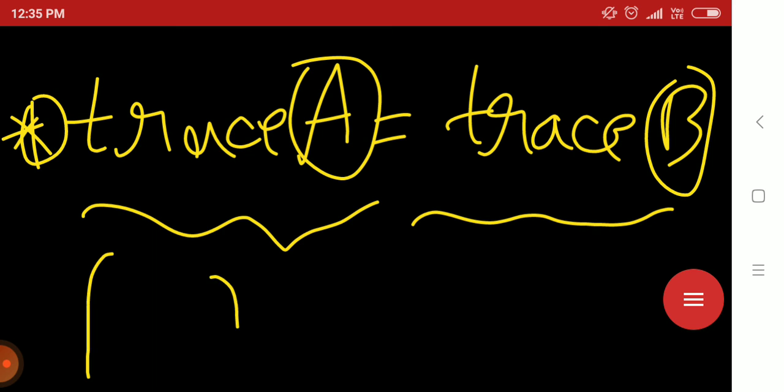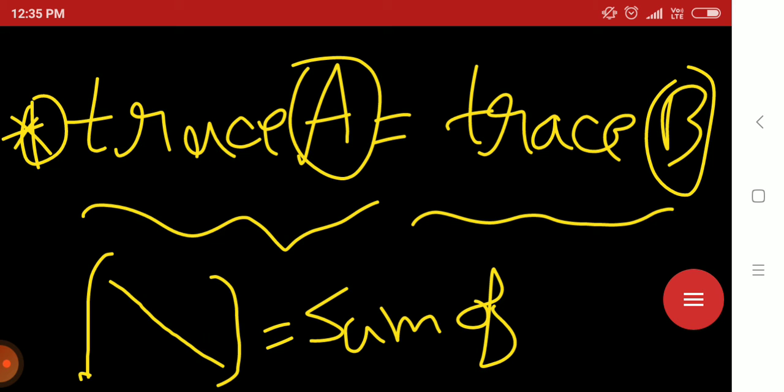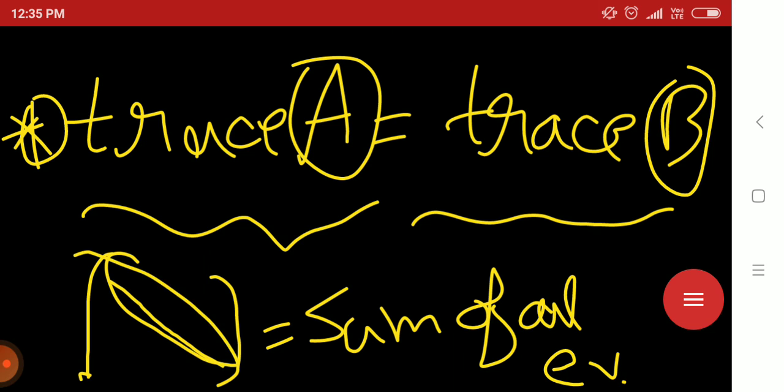Trace means the sum of the diagonal elements, which equals the sum of all eigenvalues. If A has eigenvalues lambda 1, lambda 2, lambda 3, etc., then the sum will be equal to the sum of all diagonal elements, that is the trace.